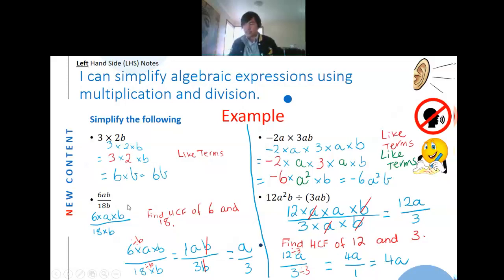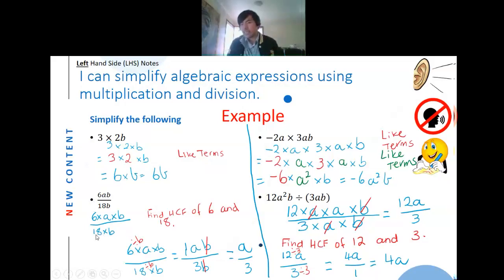And then the next one, we've got 6AB over 18B. So we're going to expand this as 6 times A times B over 18 times B. Now, the 6 and the 18, think about what number can go into 6 and 18.